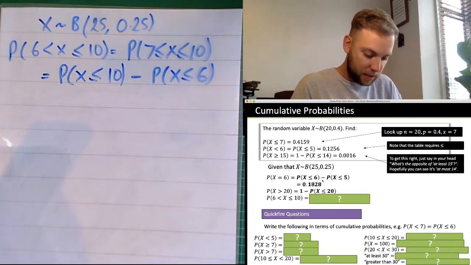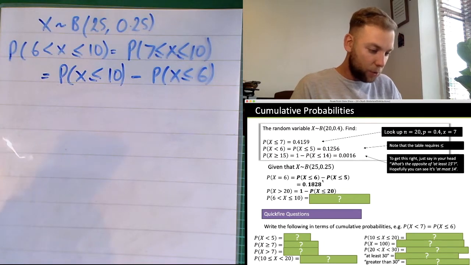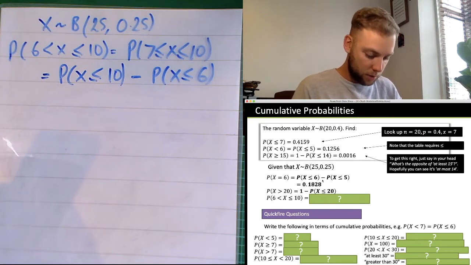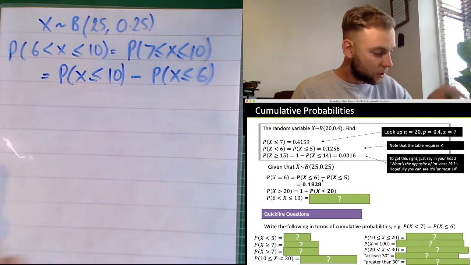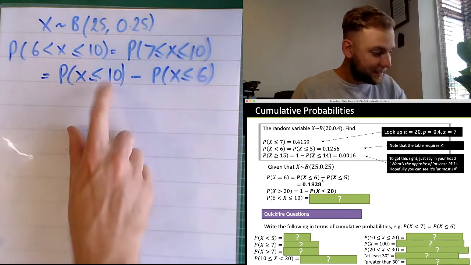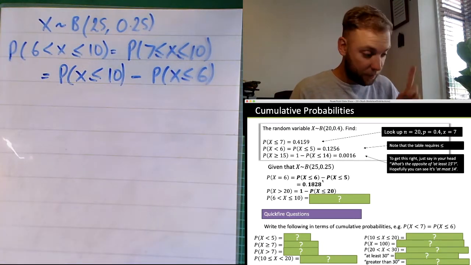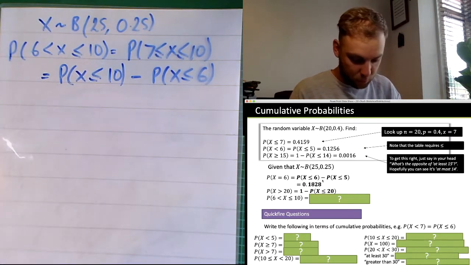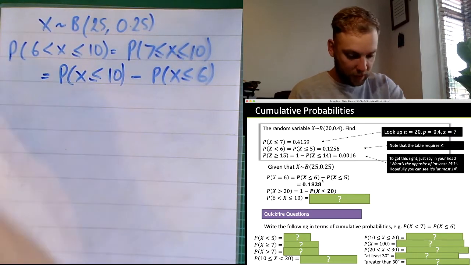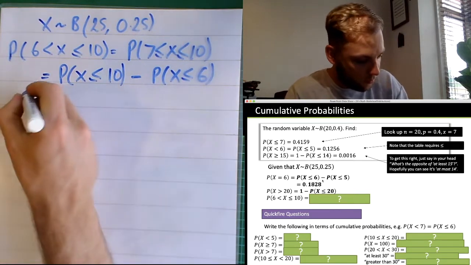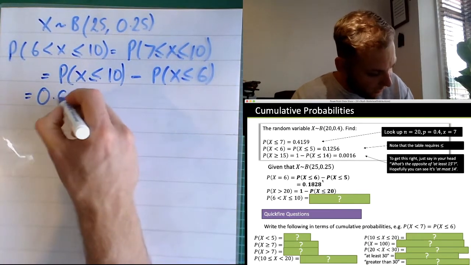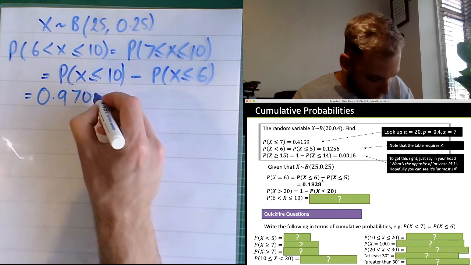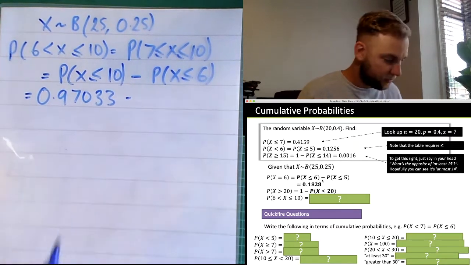Going back to it, menu 7, binomial CD, which is 1, with our variable. So x is 10 in this case, remember it's CD. N is 25, my probability is 0.25. So this one here is quite a large value, 0.97033. I'll write it to a few decimal places.